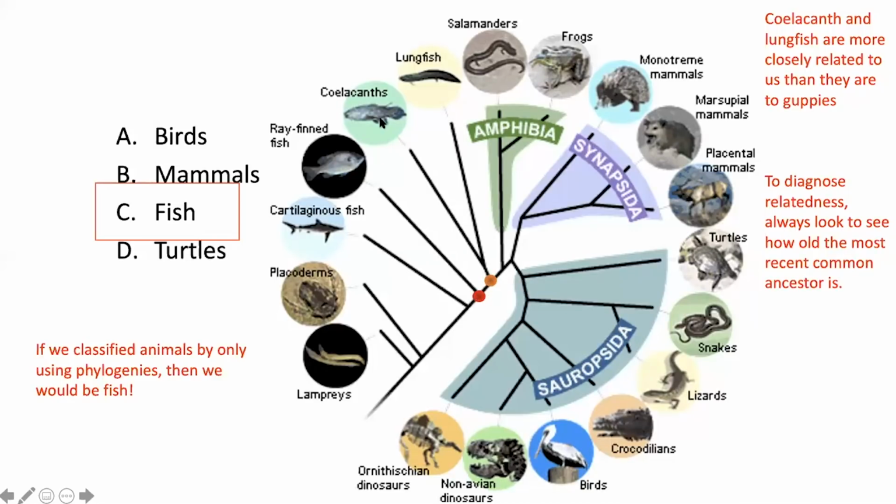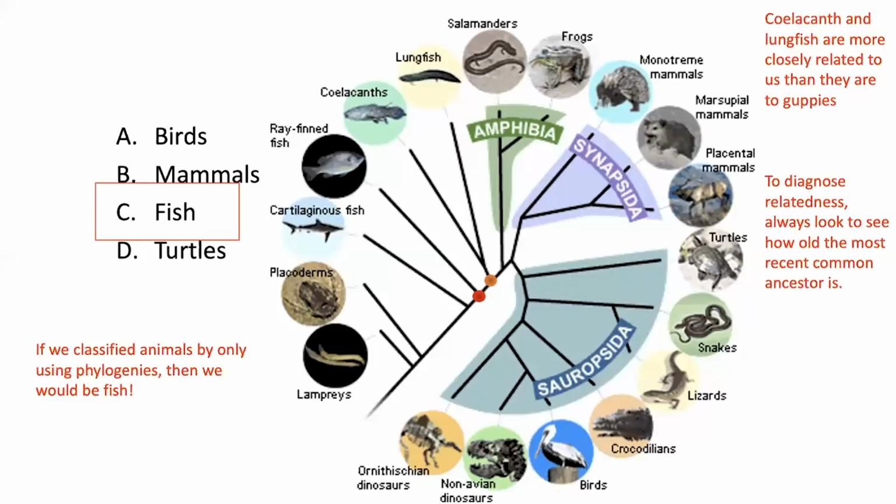Then we have coelacanths and lungfish, which are these really unique fish. And then from out here in the phylogeny, we have amphibians, and we have tons of different tetrapods. And so tetrapods are just 4-legged land animals. So we're tetrapods too, even though we have 2 legs, but we have 4 limbs. That's what tetrapod means, 4 limbs.